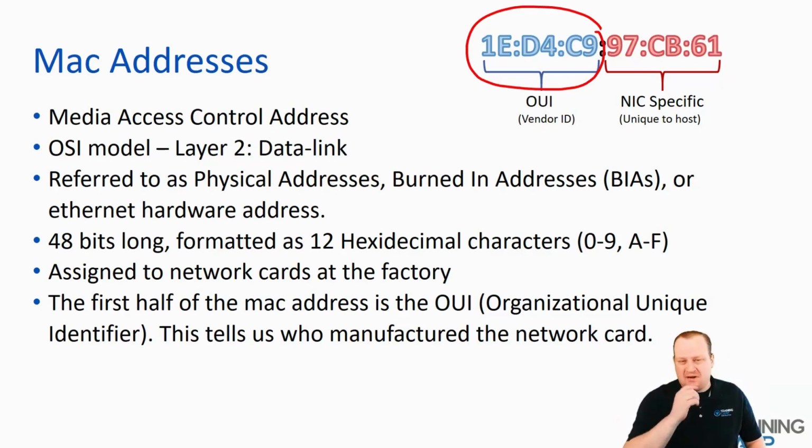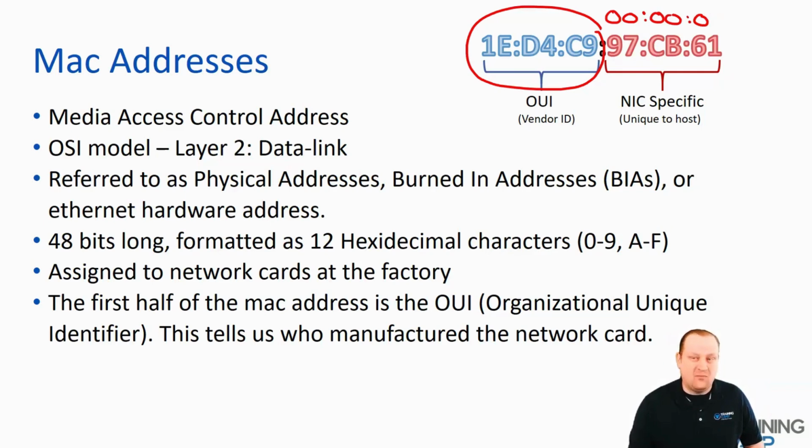Now let's say this company here, we'll say Matco, 1 Echo Delta 4 Charlie 9. That's the MAC address OUI we've been given, and all of our cards will use that. Now, the very first card my factory makes will probably be 00:00:00. The second card will be 01. The next card will be 02.